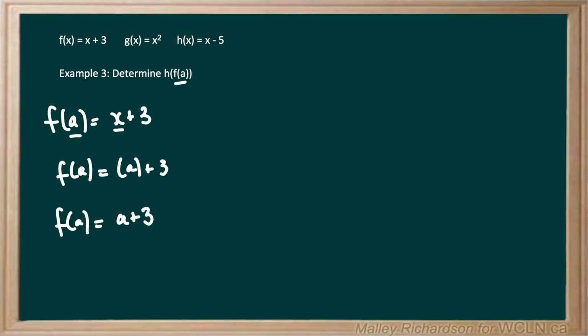And now that we solve what f of a equals, we can replace that in our original function of h of f of a. So instead of h of f of a, we're going to have h of the value of f of a, which we solved to be a plus 3. h of x, as shown above, is x minus 5. So now wherever we see an x, we are going to replace it with a plus 3.